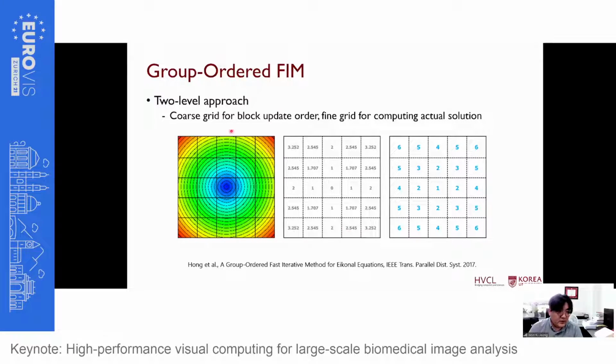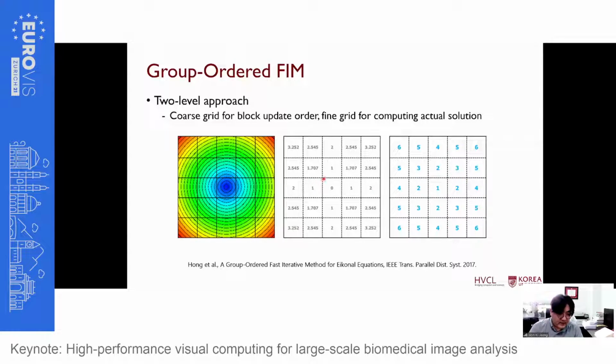One is using a coarse grid for making the block update order, which means we have a sequence of updating order. In this example, the center block is the first block that we need to update. Then number 2, these 4 blocks can be updated later, and this number 3 can be updated later, something like this.